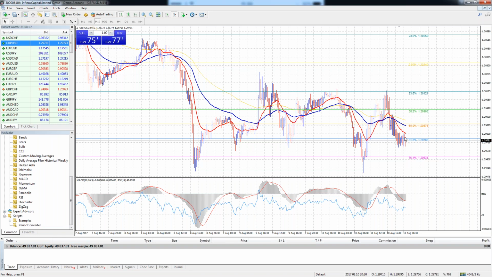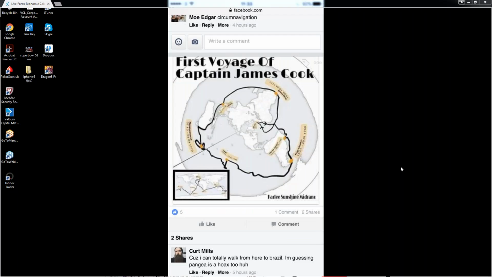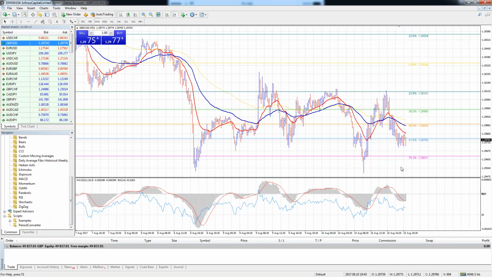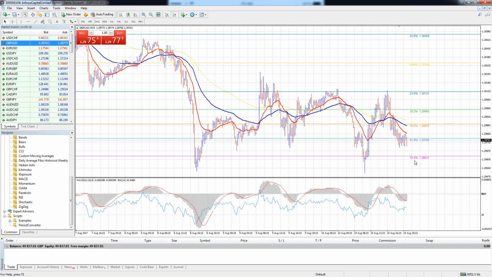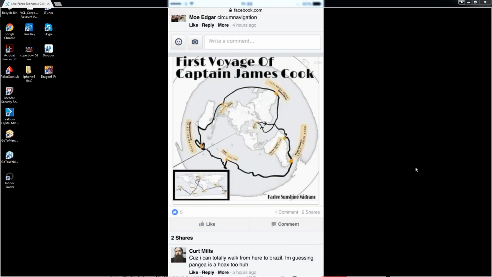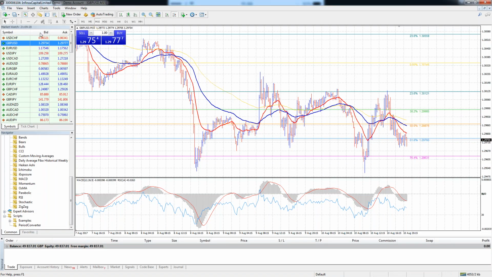So just quickly, say for instance we sold below the 76.4% line and we sold at 129.54, okay? I tell you what, round it at 129.50. Again, I wouldn't do it at 129.50 because I want to see it trade below there. But say at 129.50, my stop loss would be 129.70 if I was selling.